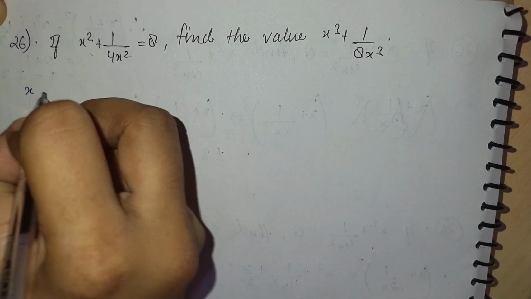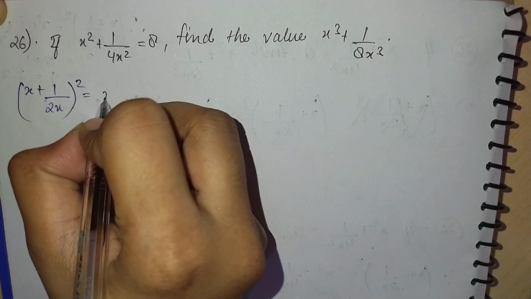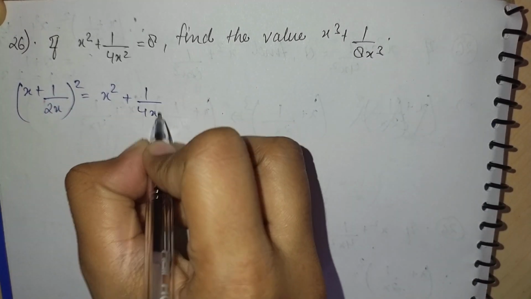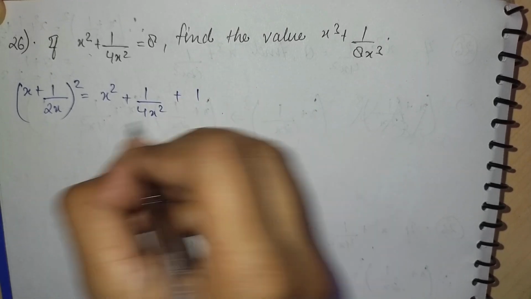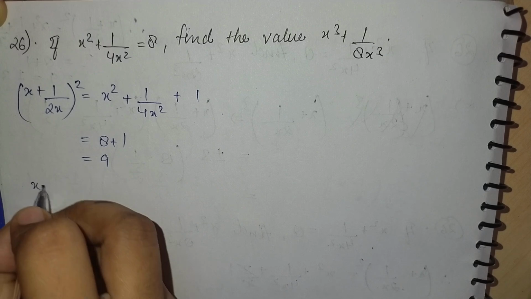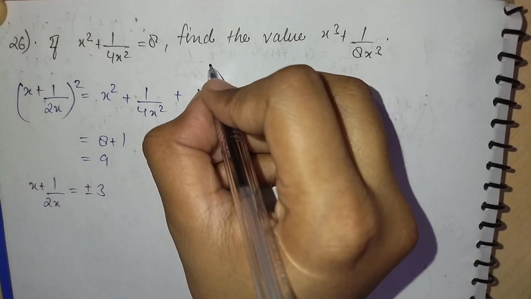So x plus 1 by 2x the whole square equal to x square plus 1 by 4x square plus 1, putting the value 8 plus 1 equal to 9. So x plus 1 by 2x we will get from here is plus minus 3.